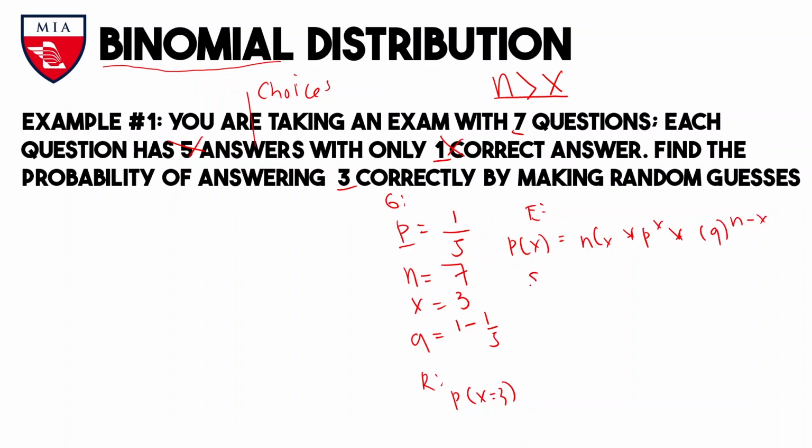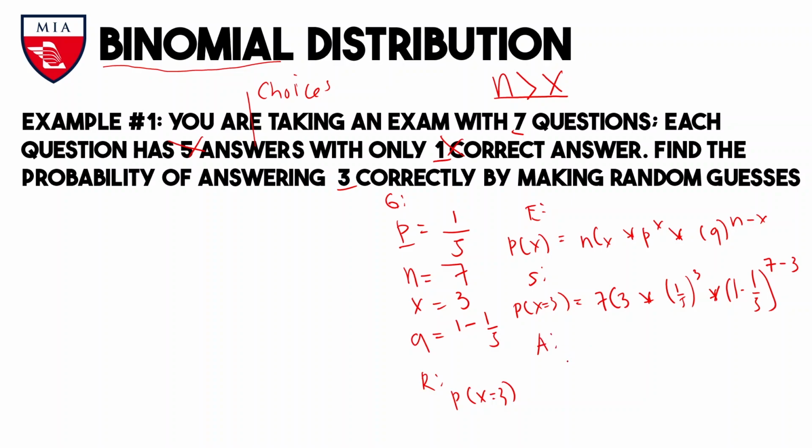For the solution, we have probability of x is equal to 3. Let's substitute the values. We have 7C3 multiplied by 1 over 5 raised to 3, the value of x, multiplied by 1 minus 1 over 5, the value of q, raised to 7 minus 3, because we have n minus x.